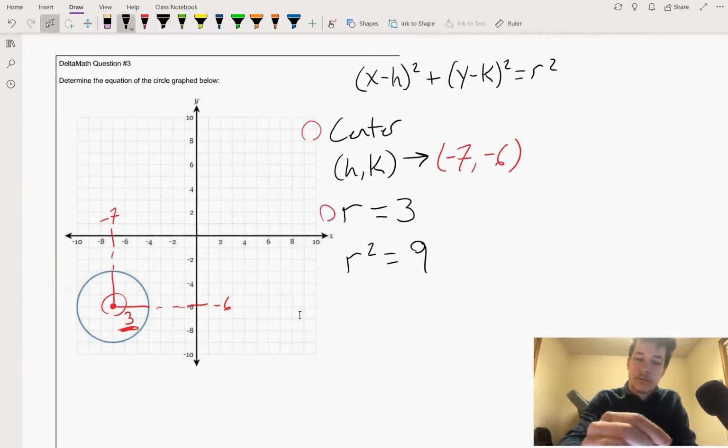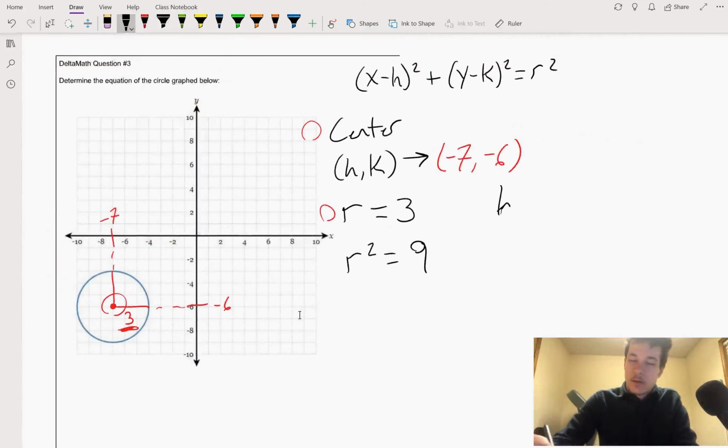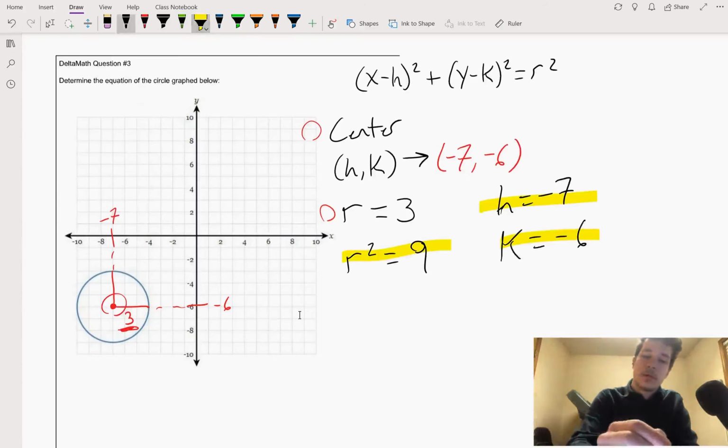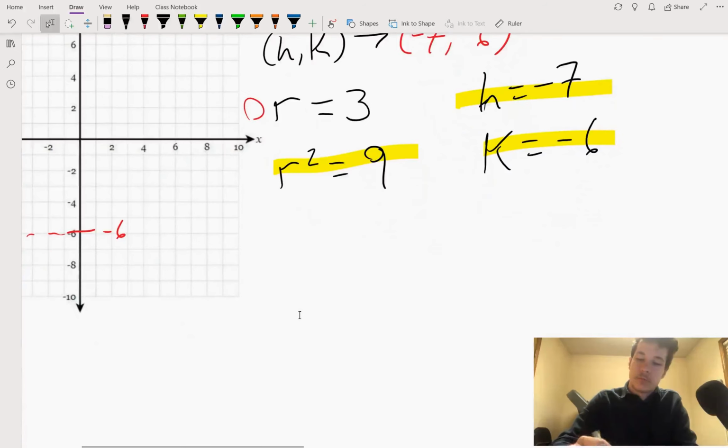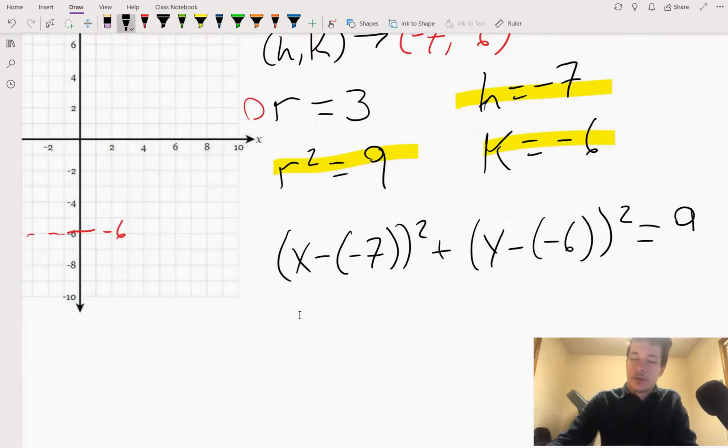So we have all of our parts. h equals -7, k equals -6, and the radius squared equals 9. Those are the 3 parts I need. Let's write the equation. x minus -7 squared plus y minus -6 squared is equal to r squared, which is 9.